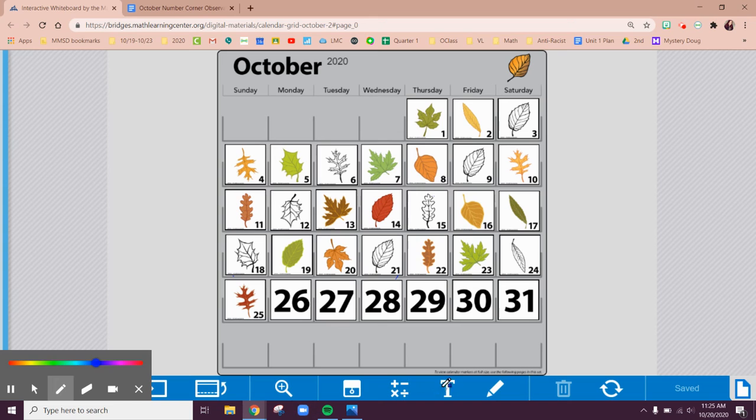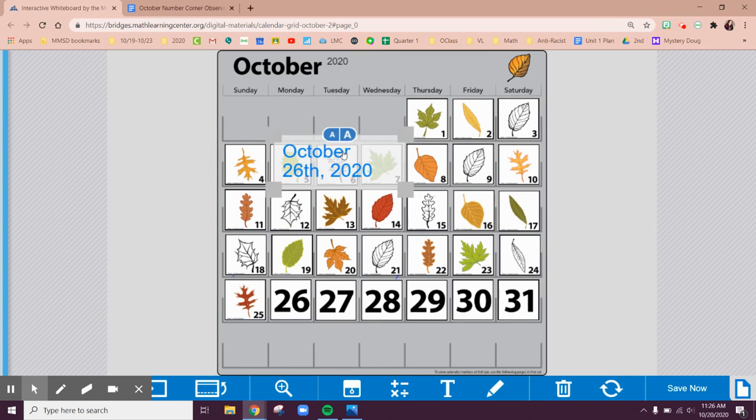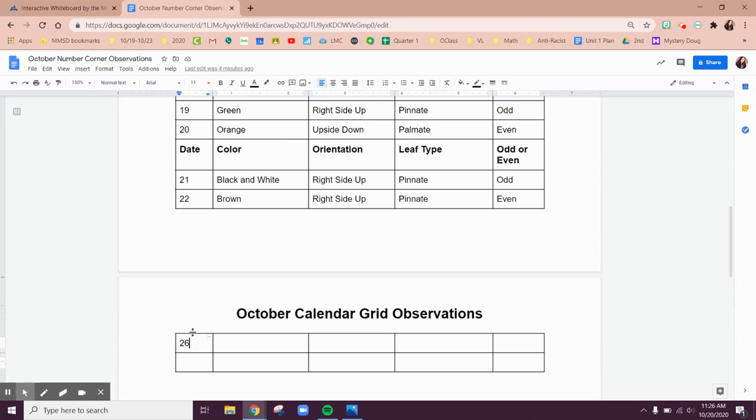So I'm actually going to type the date just so we always are practicing writing our date. Today is October 26th, 2020. Oh my goodness, it's the last week of October. Where did the time go? So if we look at our chart, we have the date, which is the 26th right here.